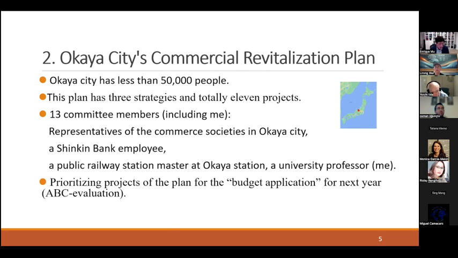In other words, specific projects are launched based on these evaluations. One role of the committee members is to determine these A, B, or C ratings as representatives of the citizens. To achieve this, AHP is used to quantify their subjective opinions through pairwise comparisons.